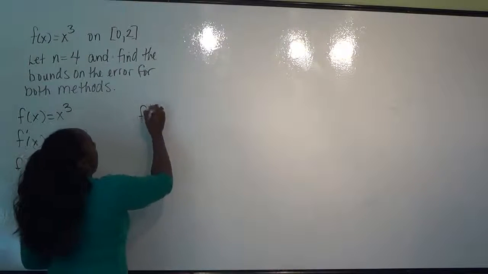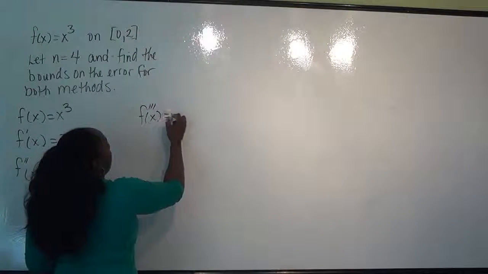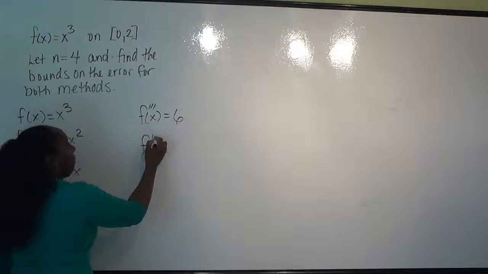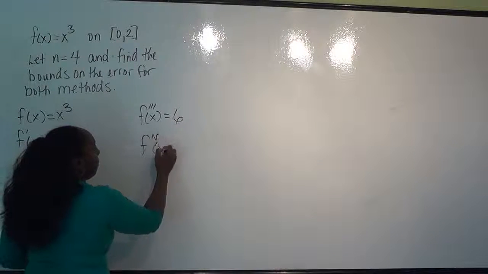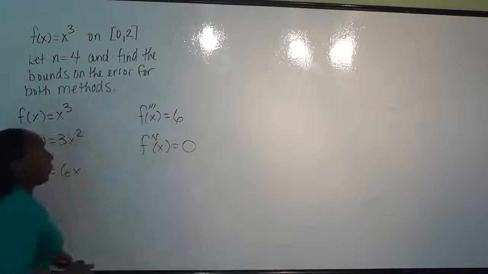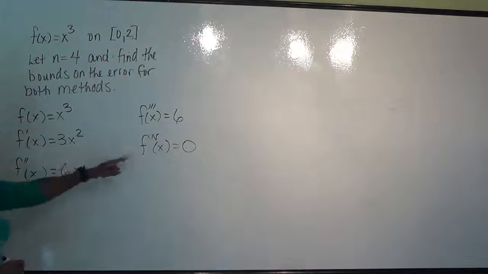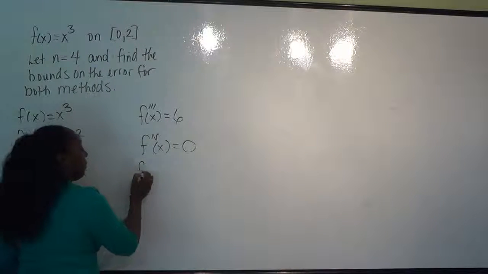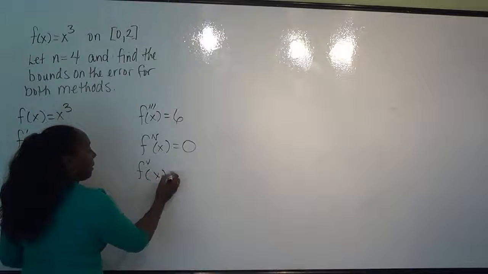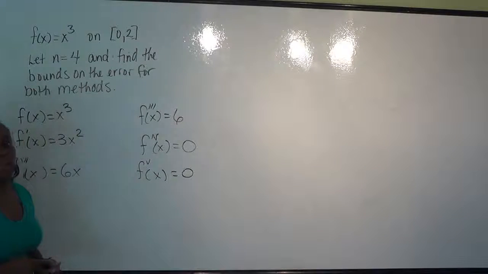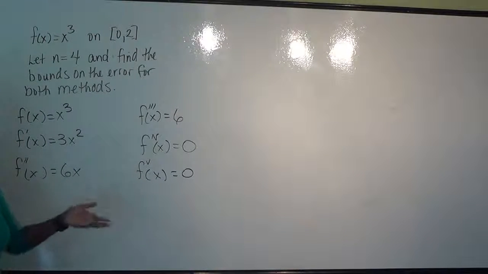For my third derivative, we get 6, and for our fourth derivative, we get 0. Like I said, I need to take this one step further because I need to maximize it, but the derivative of 0 is just 0, and it's going to keep going from there.